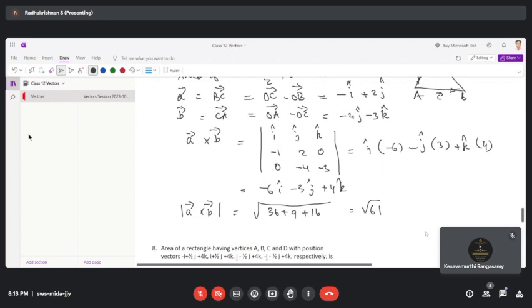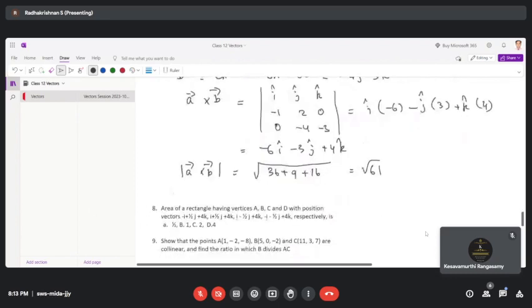The area of the triangle is given by half into magnitude of A cross B. Therefore, the area of the triangle will be half of this, root 61 divided by 2.